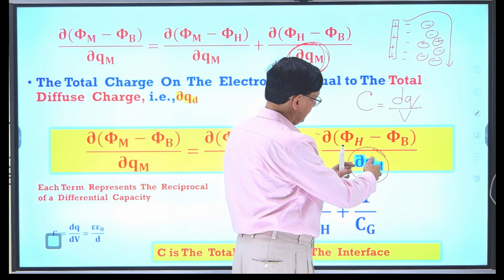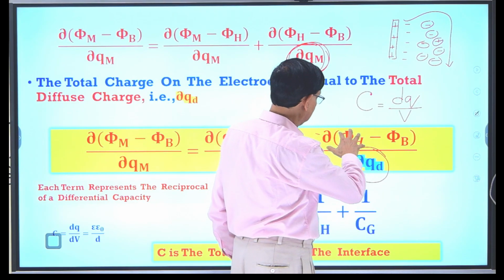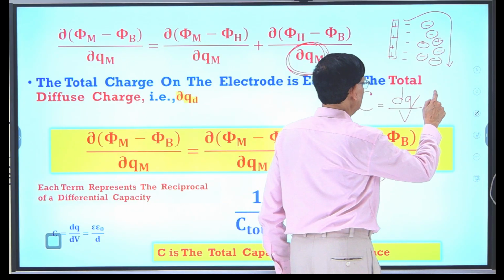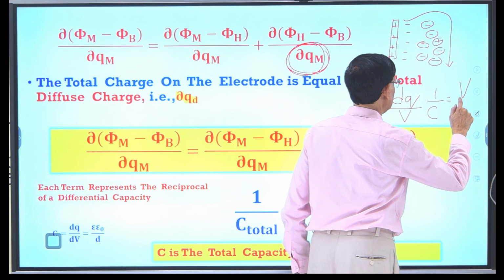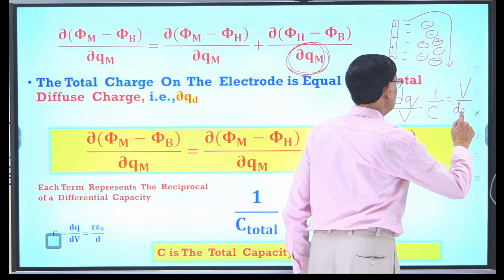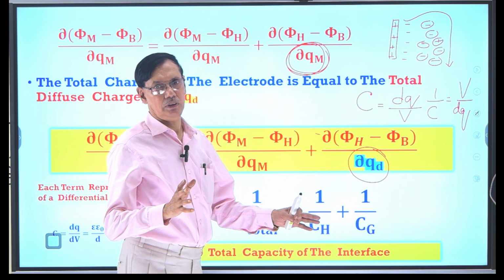So that means it is reversed, because I can write 1 by C is equal to V, whatever the potential change is, dψ. You follow my point or not? It's a very simple derivation.